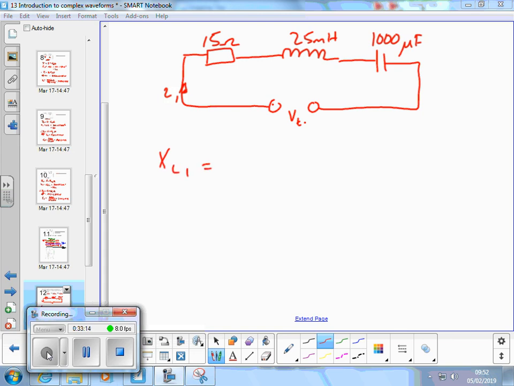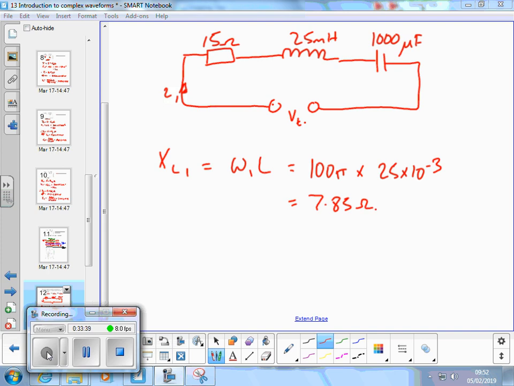So, XL1, we need to calculate that. So that's omega 1 L, which is 100 pi times 25 times 10 to the minus 3 equals, what we got? 7.85 ohms.